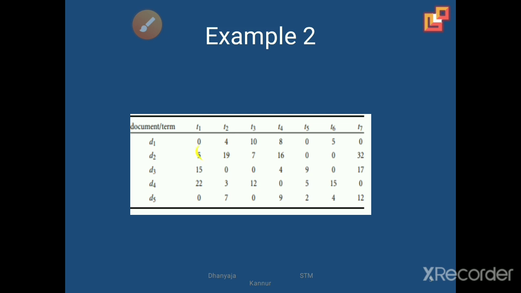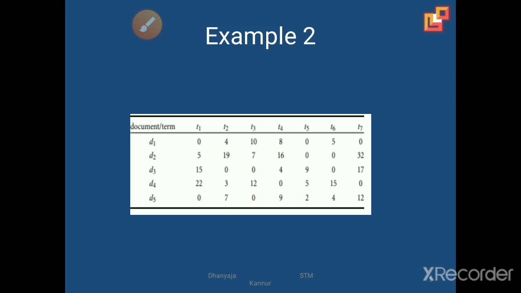Each entry in this frequency matrix represents how many times the term tj is occurring in the document. That is known as frequency. The frequency of each term in a particular document is the value of each entry.